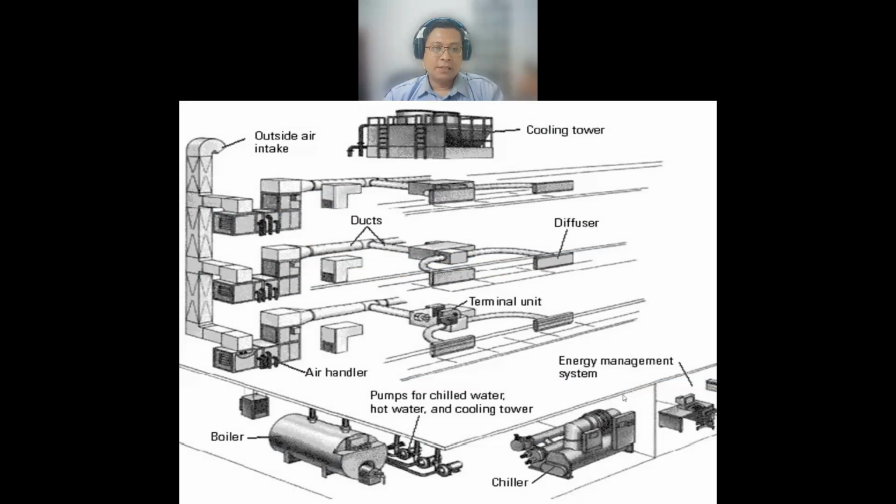When we need to design for several levels, you can see how many levels in the building: 1, 2, 3, 4, and the rooftop. They will put the cooling tower on the rooftop and the boiler in the basement, and then they will serve between this equipment by the duct.